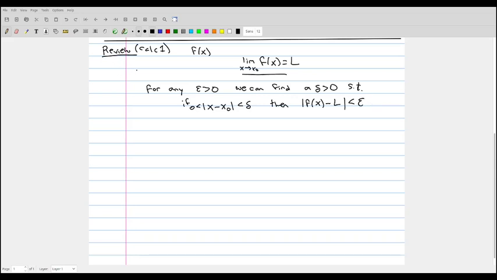So this is the exact mathematical definition of the limit, and you can find this really in any calculus textbook.